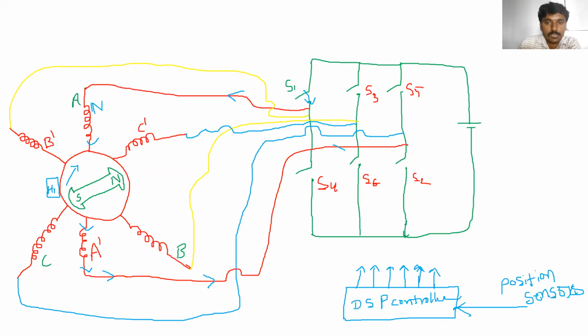In order to flow through this A dash coil, definitely the switch S2 will be closed. Whenever S2 is closed, the current flows through this circuit and to the negative terminal of the supply voltage. This is the path for the current flow.